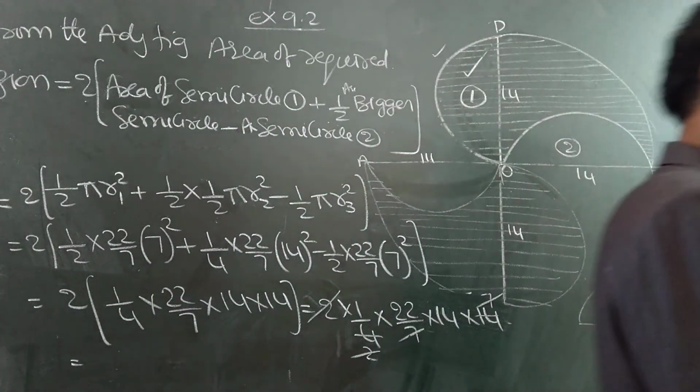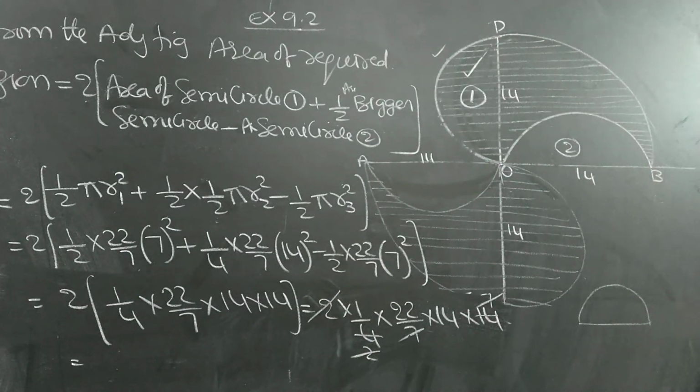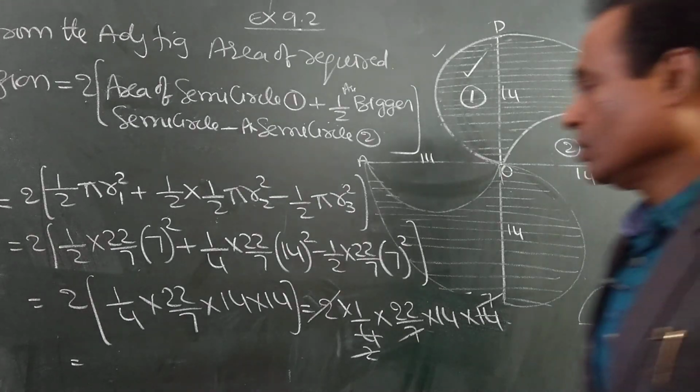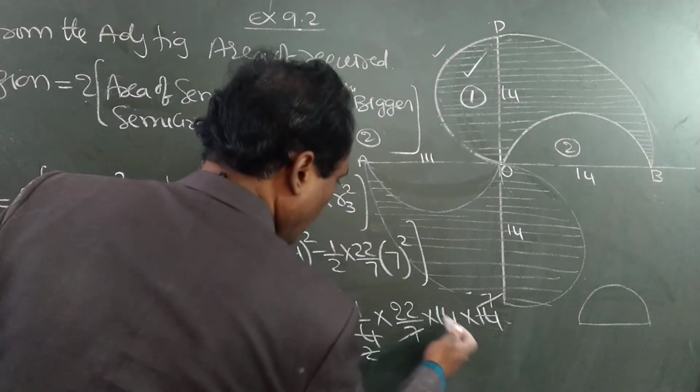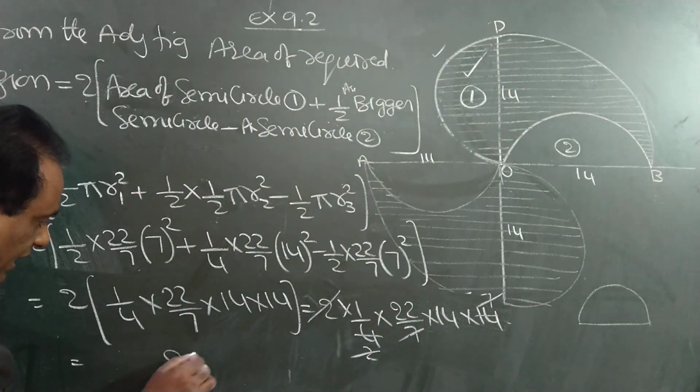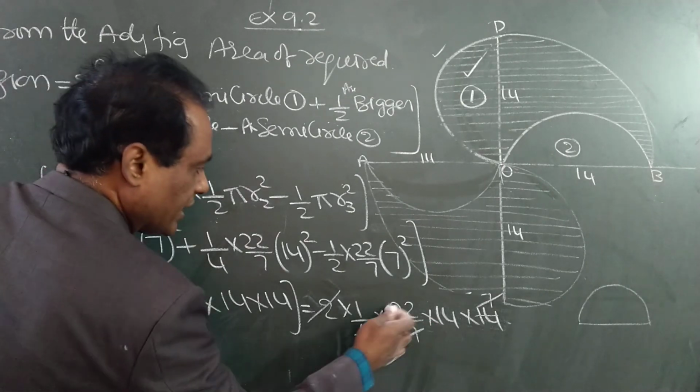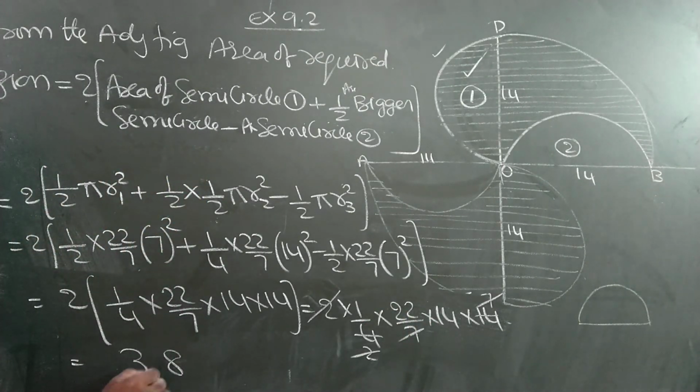Do it and get the answer. Fourteen 2s are 28, plus 2, 308.